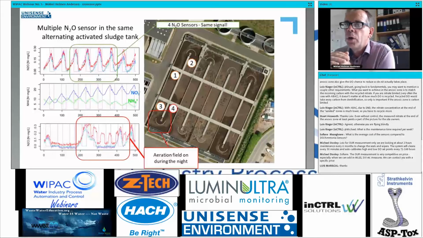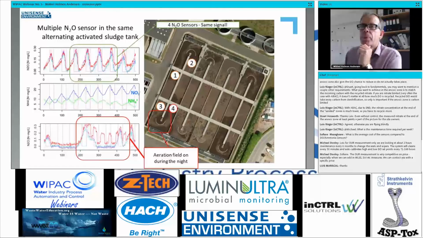But what you can see is that the nitrous oxide measured is quite comparable in the four positions. So rarely more than a few sensors are needed for a single plant to get started with the nitrous oxide measurements.